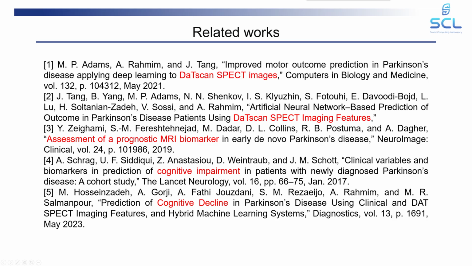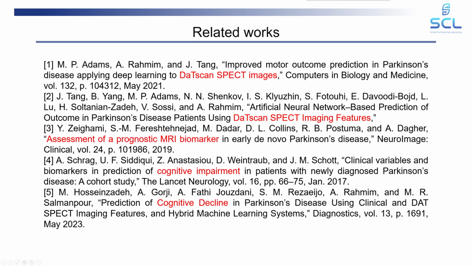Clinical features and neuroimaging can effectively predict future motor scores. The third, fourth, and fifth papers also predict future motor scores. These studies had limitations, such as not using deep learning methods or multimodal data for predicting cognitive progression.